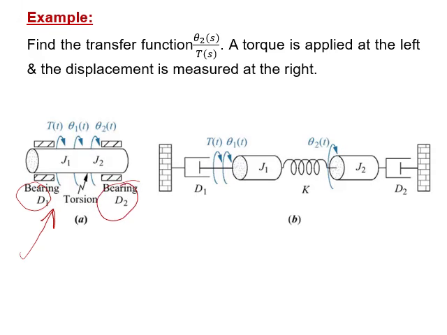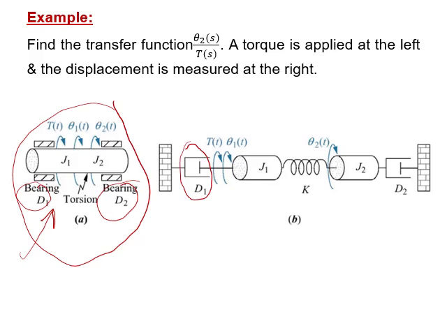So if I look at this system, when I want to model it using the basic components of rotational mechanical system, the bearing will be replaced by, or modeled as, a damper. Then the inertia has two parts, this part and this part, where in between there will be some kind of torsion at the center, at the middle.